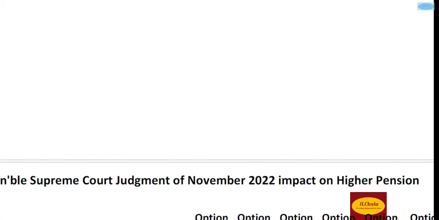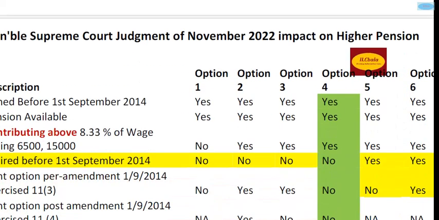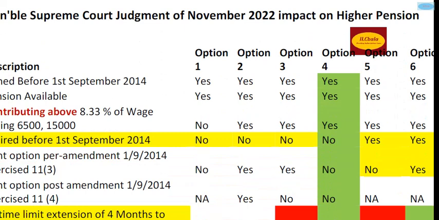So I have tabulated below the judgment and also given an example for you all to understand better. Just decoding further through a tabulation of the SC judgment. Some joined before 2014, the scenario.